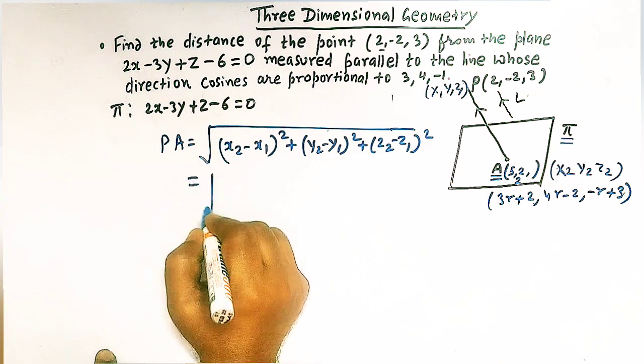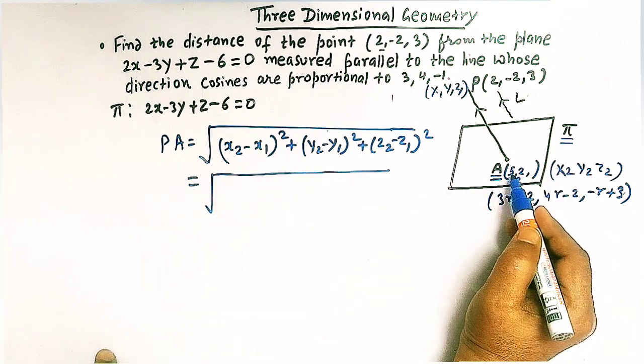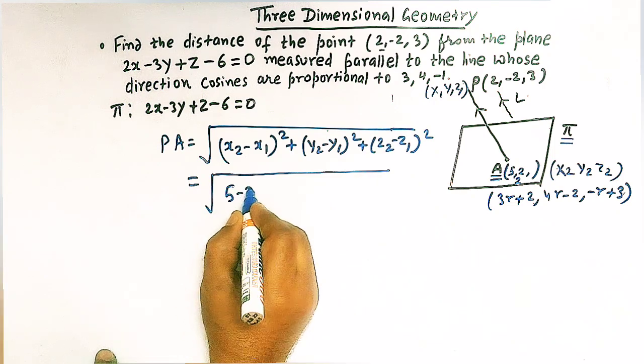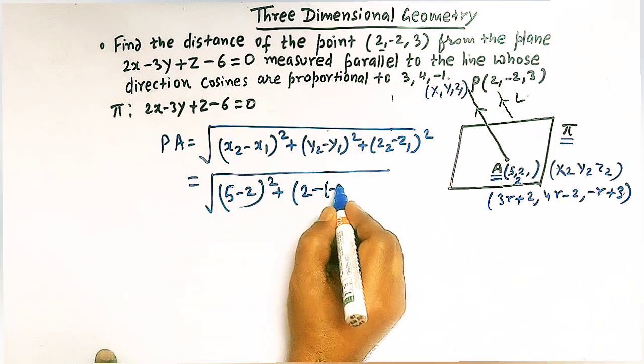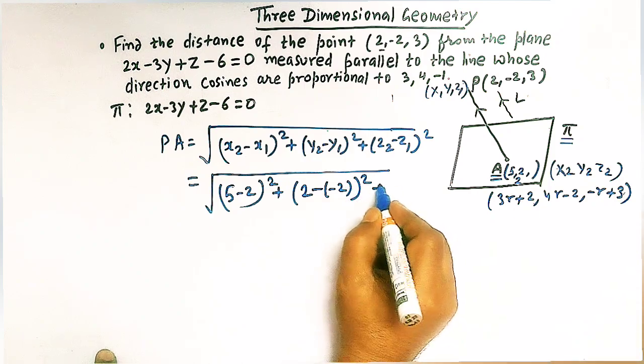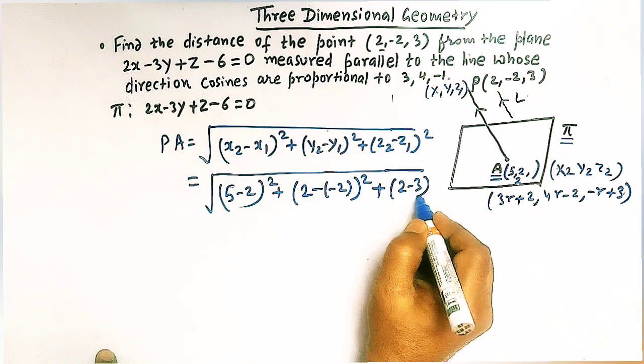So we have now here x2 is 5, so (5 minus 2) square, then we have (2 minus minus 2) square, and then we have (2 minus 3) square.